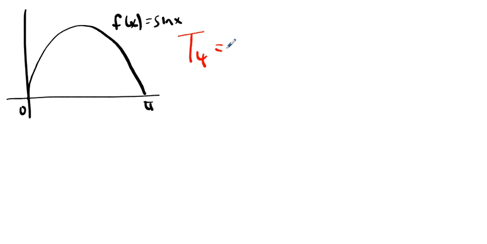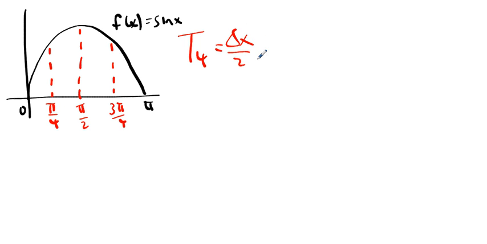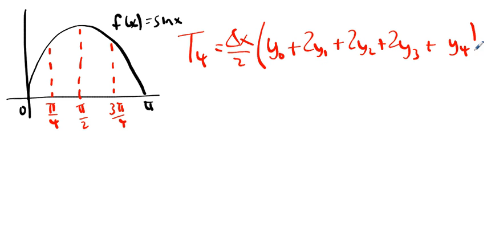So if we try to do a trapezoidal approximation with 4 subintervals, we really know where those lie, and that's just arithmetic. And so we'd have a delta x over 2 times the first y value, 2 of all the others, and then the last y value.